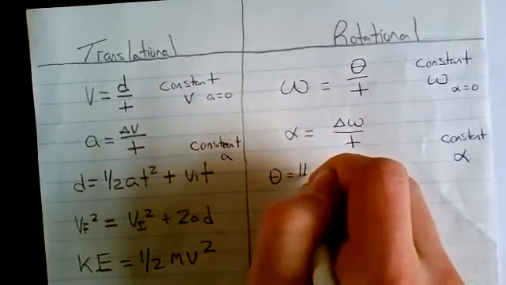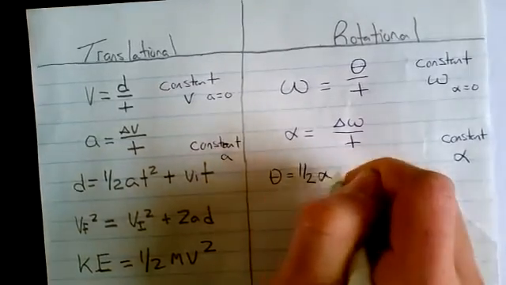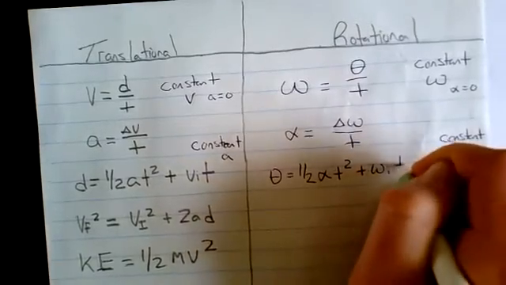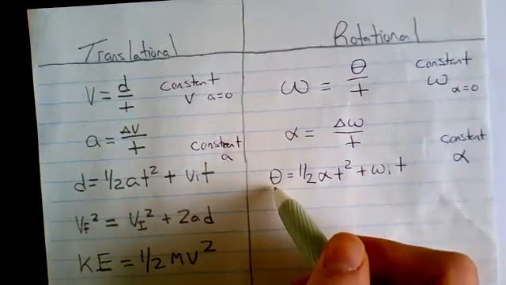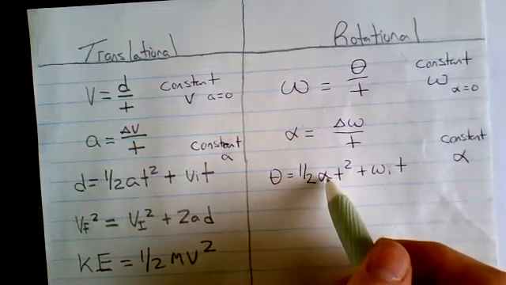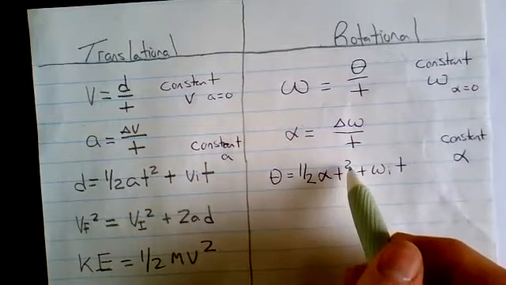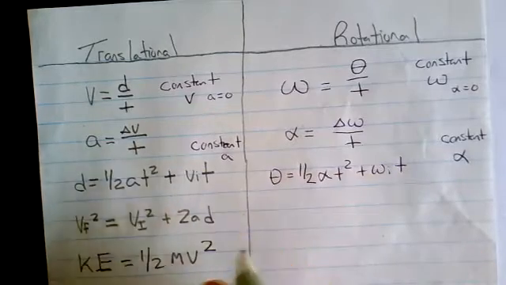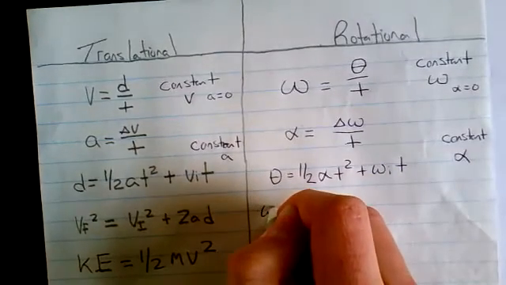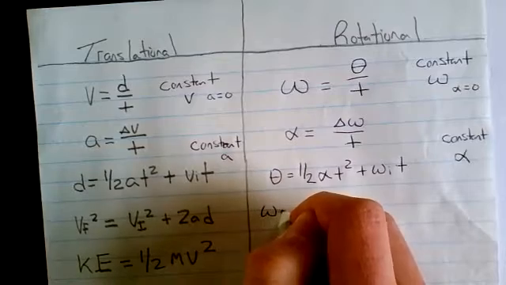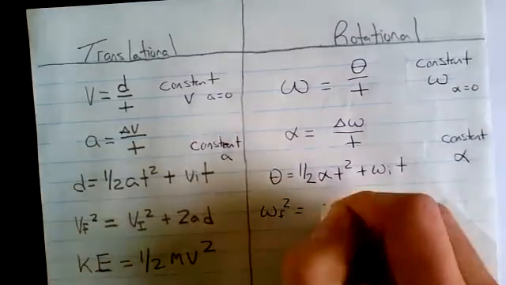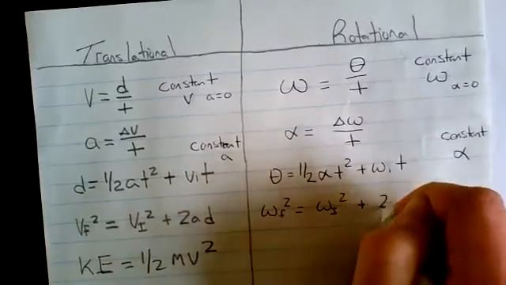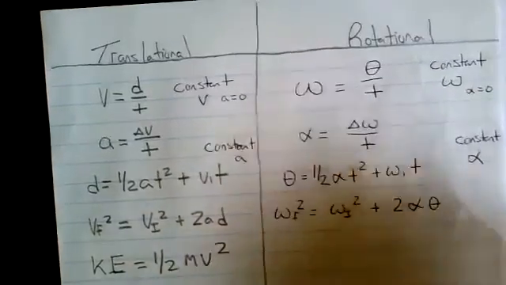Theta equals 1/2 alpha t squared plus omega i t. Angular displacement equals 1/2 angular acceleration times time squared plus omega initial times time. Omega f squared equals omega i squared plus 2 alpha theta.